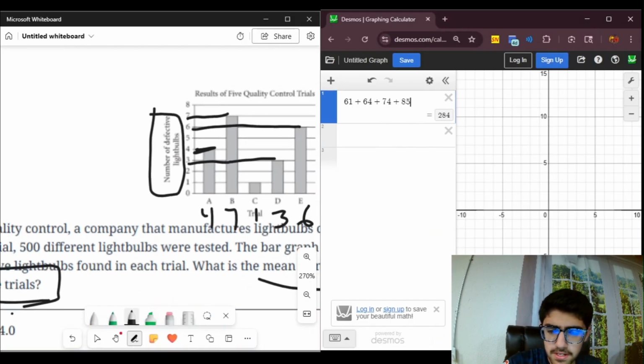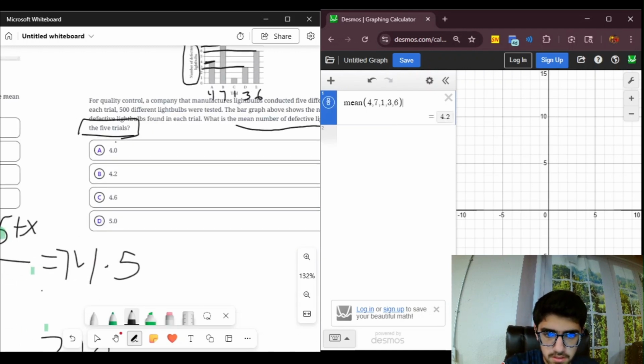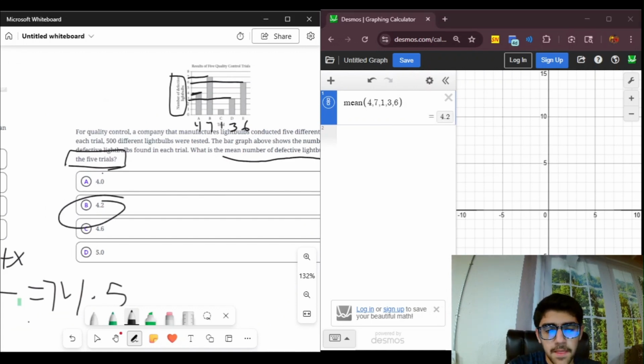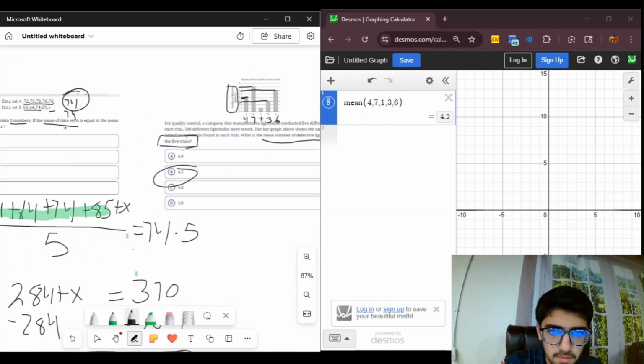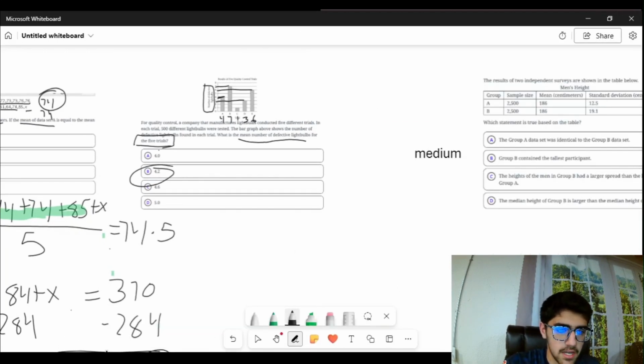Again, you can do it manually, but I don't see why you would do that. You just put mean 4, 7, 1, 3, 6, and the answer is 4.2. I know these two were mean, but there will always be other questions like median, mode, and range questions. But for these, it is all just mean questions.